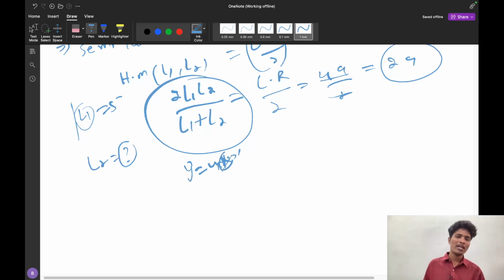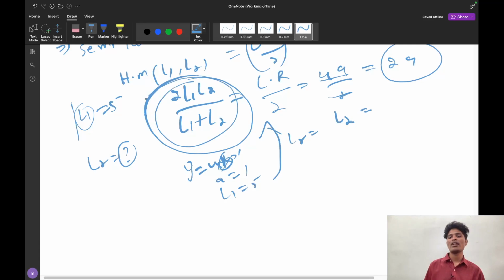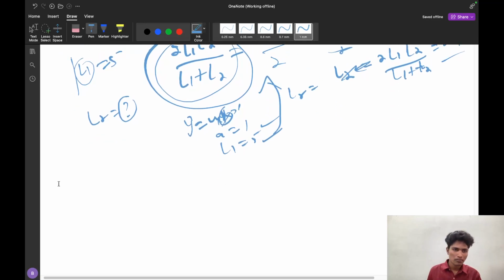Here a is equal to 1 and L1 is equal to 5. We can find L2 by using this relation, that is 2L1 L2 divided by L1 plus L2 is equal to 2A. Just substitute the values of L1 and A and find L2.